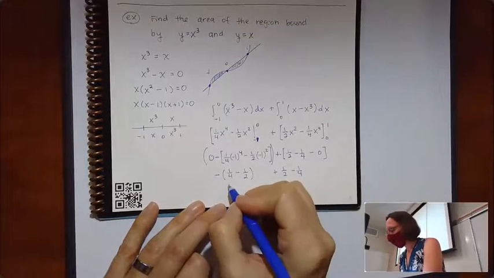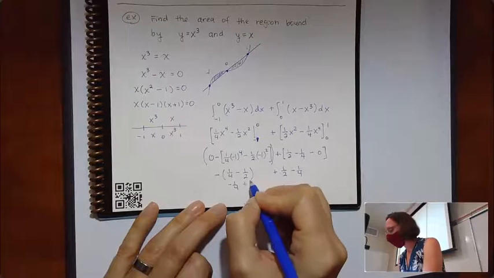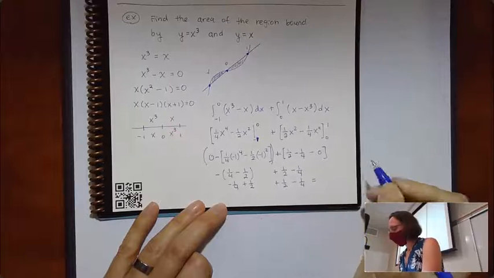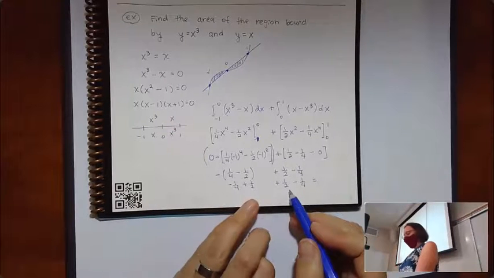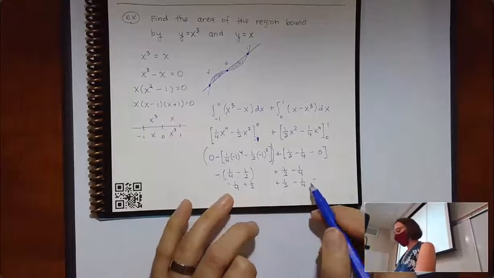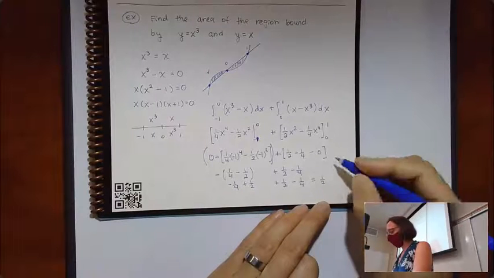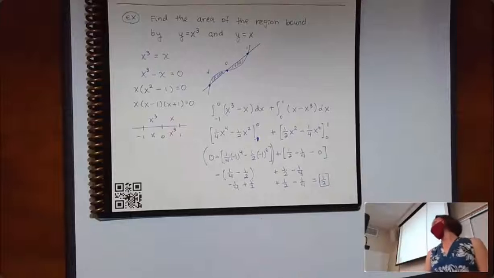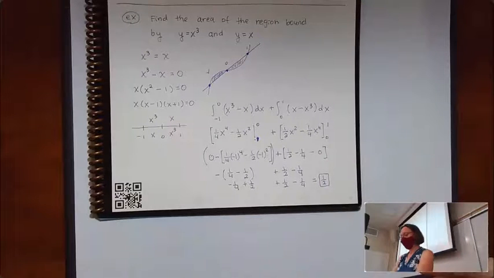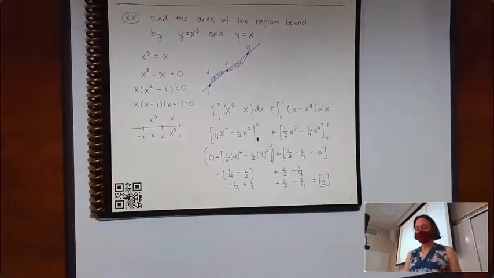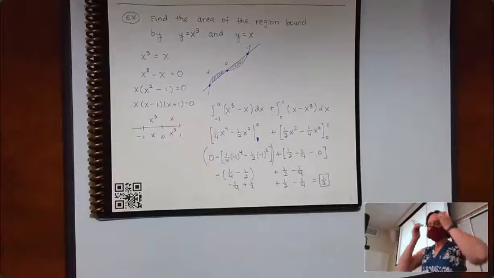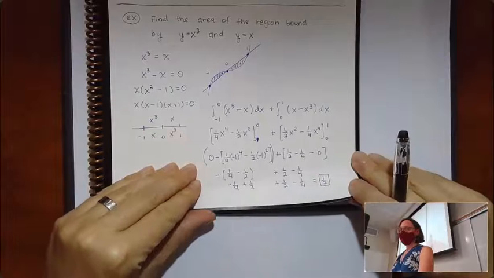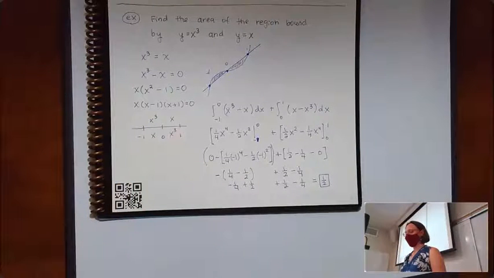I can distribute my minus sign through, so -1/4 plus 1/2 plus 1/2 minus 1/4. 1/2 and 1/2 is 1. 1 minus 2/4 gives me a positive 1/2. I don't think you have to get it down to a nice final answer. I think you probably could have quit here, but it did simplify nicely. Leaving it up for a second in case there are questions about this one.